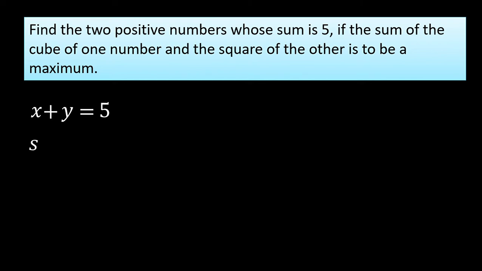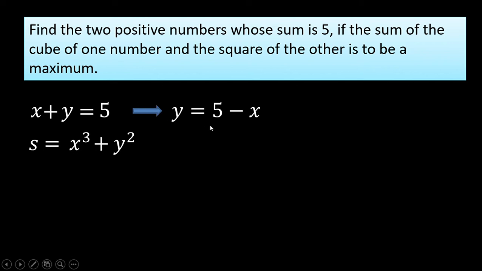Now, the sum of the cube of one number and the square of the other is to be maximum. Once again, we have two variables, x and y. What I have to do here is move x, so that will become y is equal to 5 minus x, and I will substitute it for y.